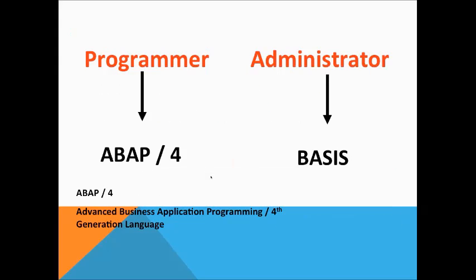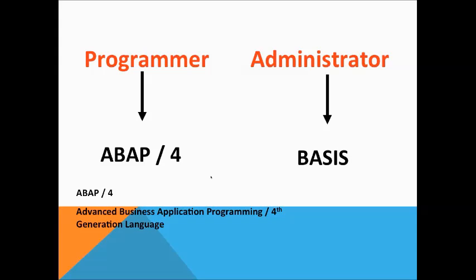Basis is like an operating system for SAP. It sits between the ABAP/4 code and the computer operating system. SAP likes to call it middleware because it sits in the middle. So Basis provides the runtime environment for ABAP/4 programs. ABAP/4 programs do not access operating system functionality directly. Instead, they use Basis functions to perform file input-output operations.